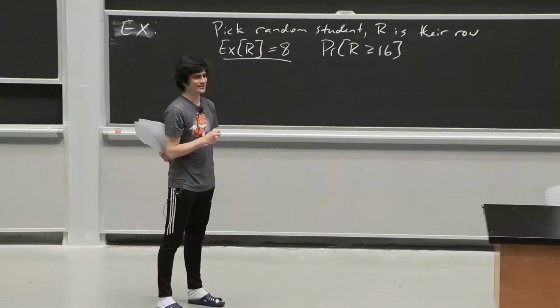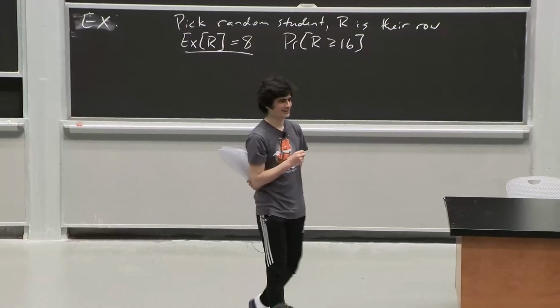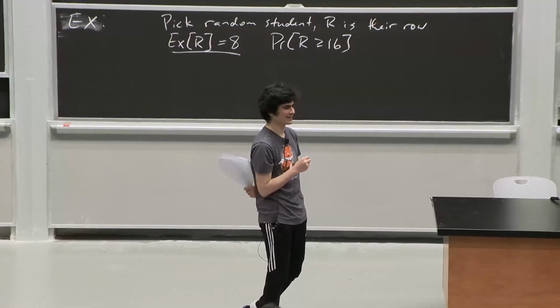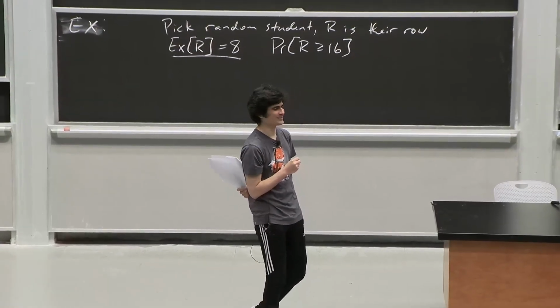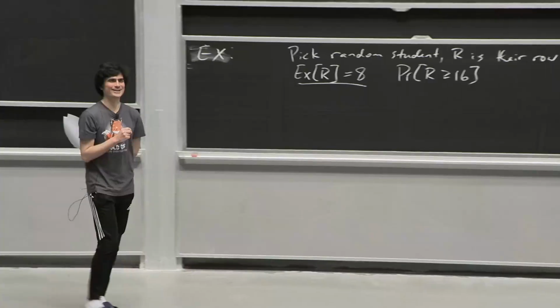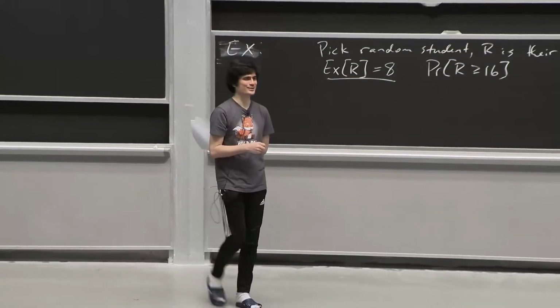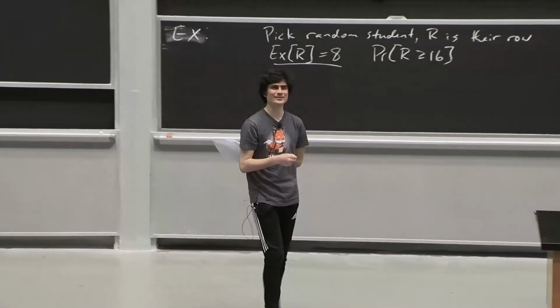Yes, there are 21, so 0 through 20. Yeah. Can we assume that it's uniformly distributed? No. And in fact, it is not. There seem to be more students towards the front than towards the back. Yeah.